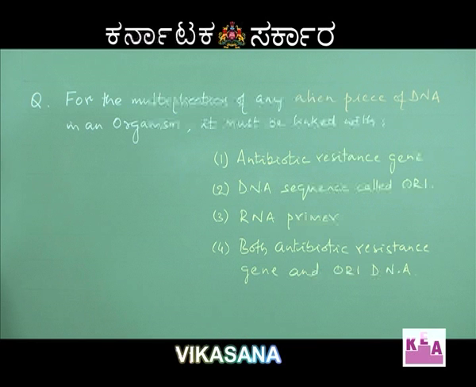So, for the multiplication, options are 1 antibiotic resistance gene, option 2 DNA sequence called ORI, that is origin of replication, option 3 RNA primer, option 4 both antibiotic resistance gene and ORI DNA.